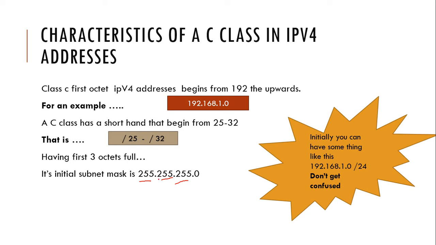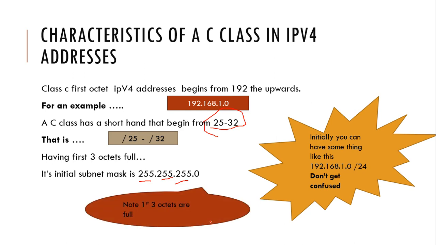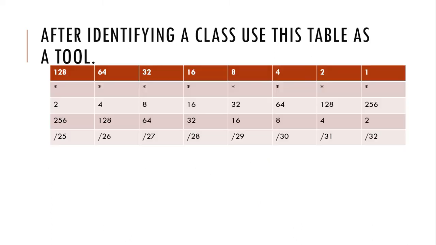Then it's 8 plus 8 plus 8, that gives us 24. That's why we're having /24 initially, because we are right here before we start with our range. Okay, this is what we've just said right now.